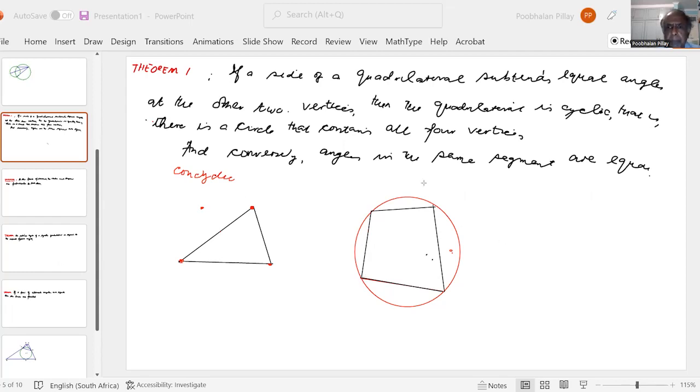When you have a circle and you take any chord of that circle, then what happens is, if you have any chord in a circle, then that chord subtends equal angles at the circumference.